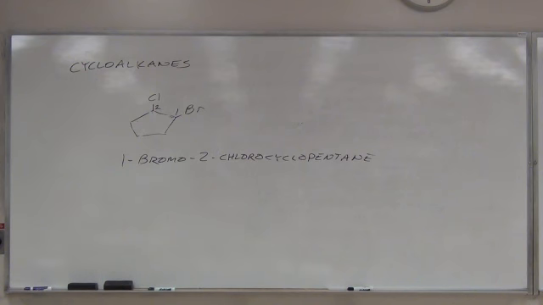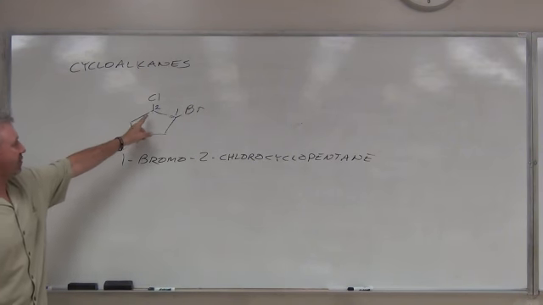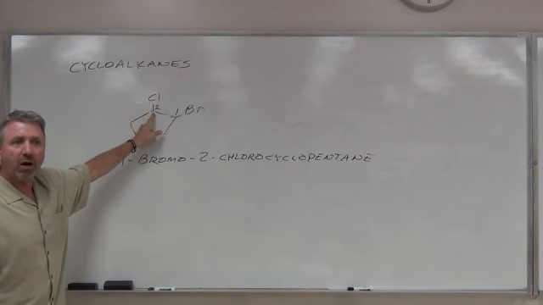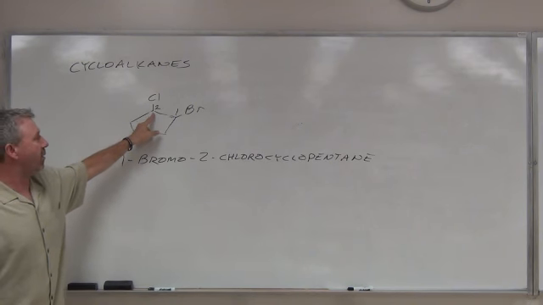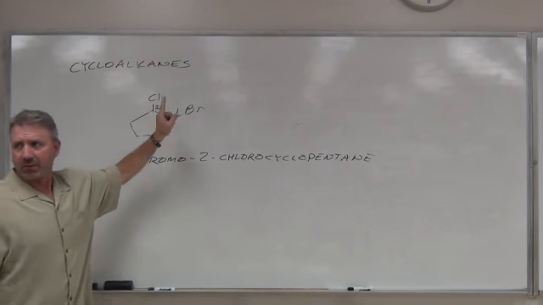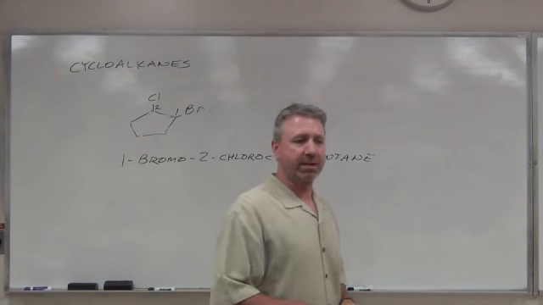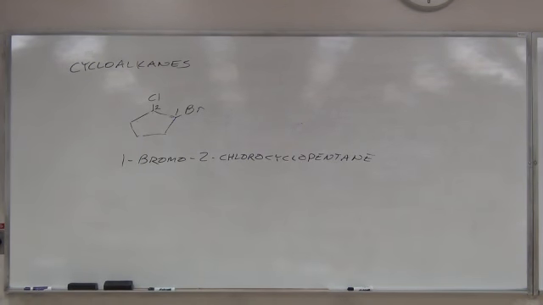Yes. 1 bromo, 2 chlorocyclopentane. This would be the method that I would choose. Alternatively, you could say 2 chloro bromo cyclopentane. You know what? No, we can't say that. When you have 2 substituted groups, you have to locate both of them. 2 or more substituted groups.